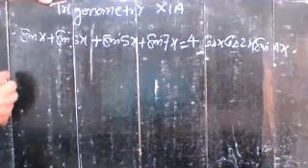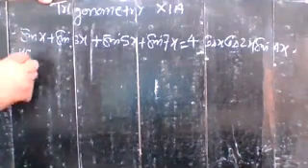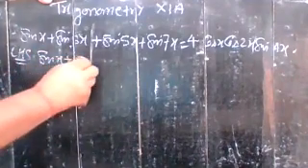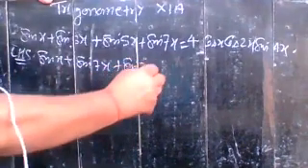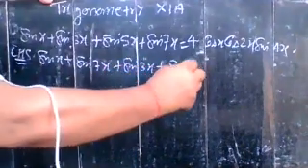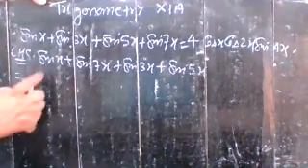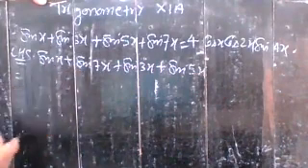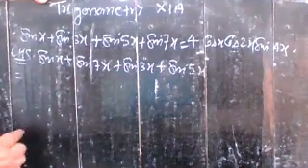Understand? So yes, here you take the left side, LHS, and write sine x plus sine 7x plus sine 3x plus sine 5x. Understand? And then apply the formula for sine x plus sine y, and sine x plus sine y is 2 sine x plus y by 2 cos x minus y by 2.